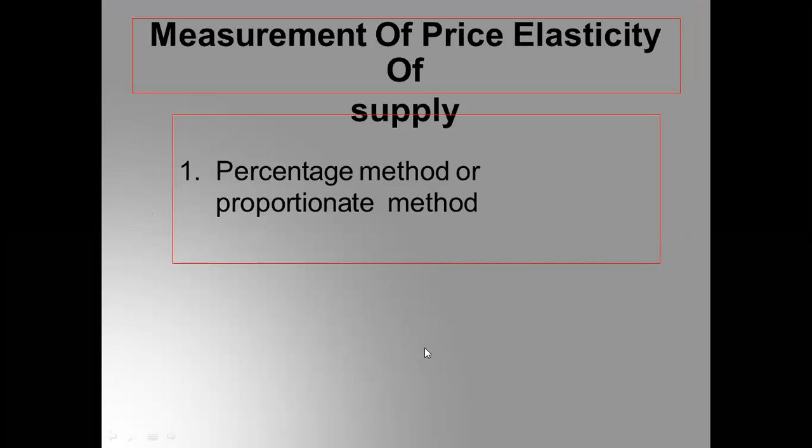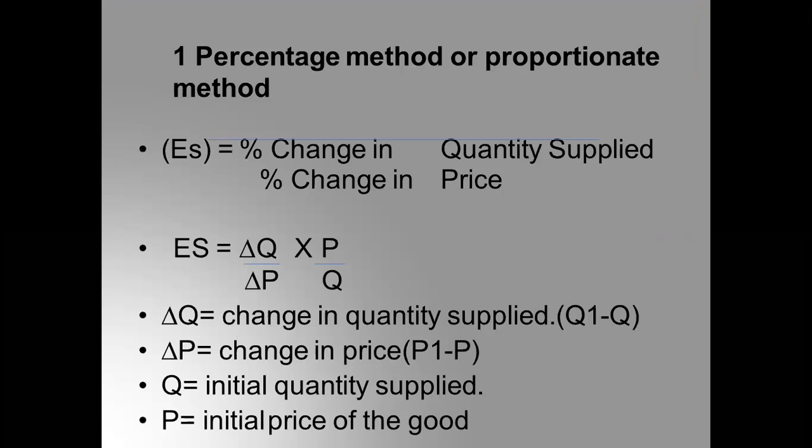Now, measurement of price elasticity of supply: you just have one method, that is called the percentage method or proportionate method. Okay. Now, percentage method or proportionate method, it's percentage change in quantity supplied divided by percentage change in price.